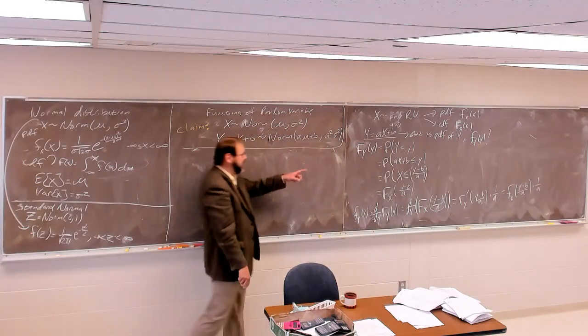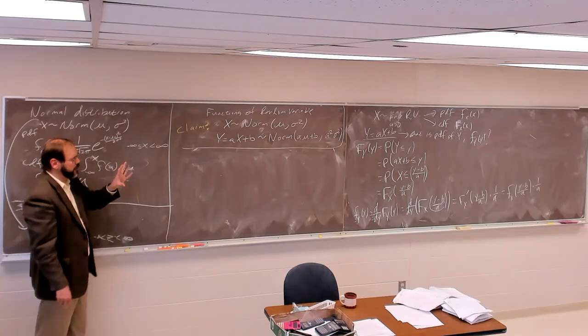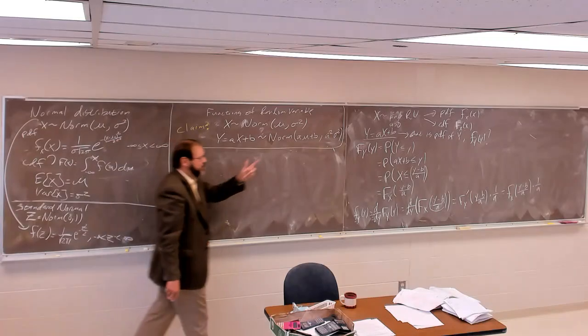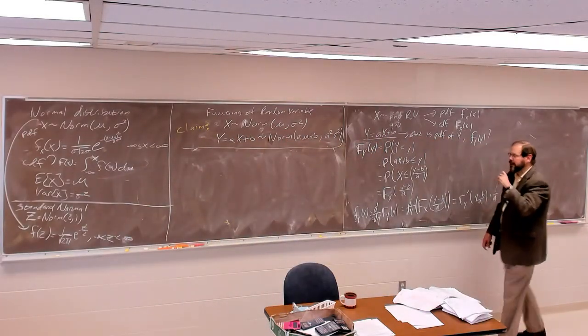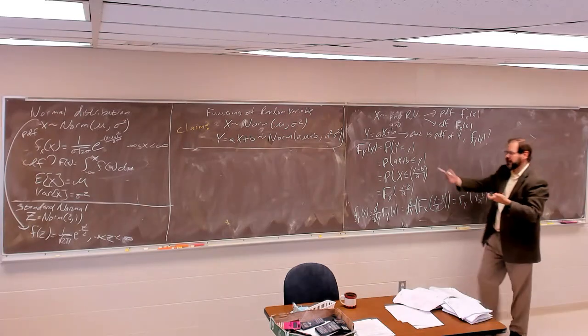So what this is saying is, if I start with any random variable and I know its probability density function, and then I do this sort of linear transformation ax plus b, then I can write down pretty easily the probability density function for the transformed random variable, the new random variable.